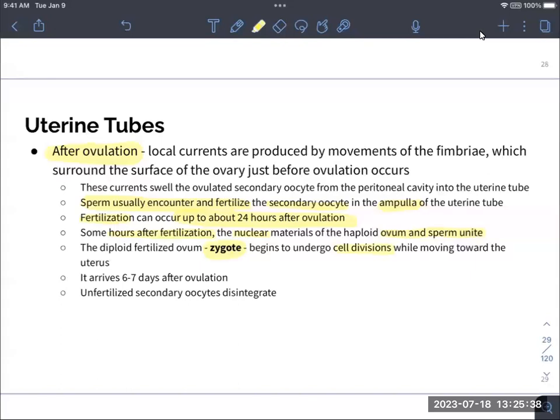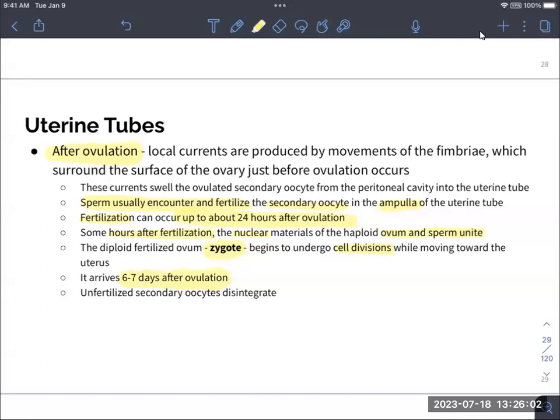These cells are going through this constant rapid division as that ovum or zygote is traveling towards the uterus. It takes almost a week for that zygote to make it to that uterus.